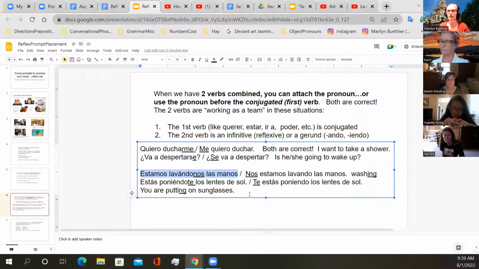Again, we can either attach the me, te, nos, or se to the ando or yendo, the gerund, or, equally correct, put it in front of the conjugated verb. So I have two possible positions for the pronoun when I use a two verb combination sentence.